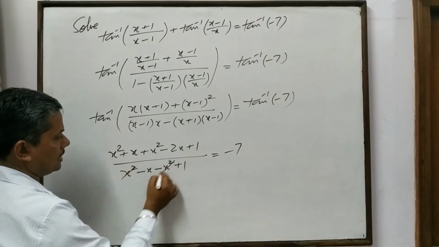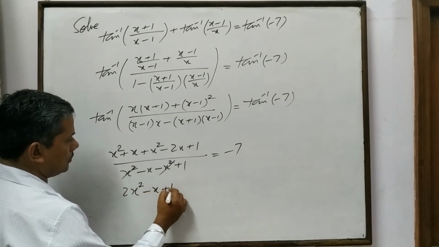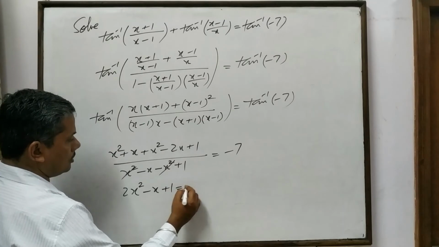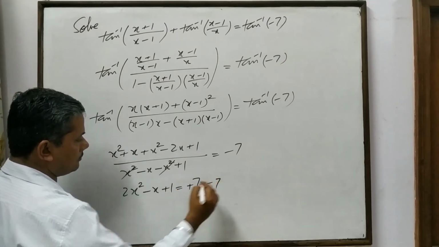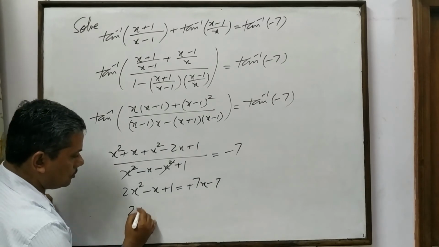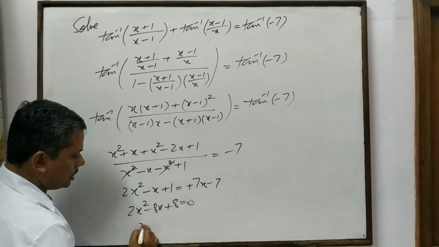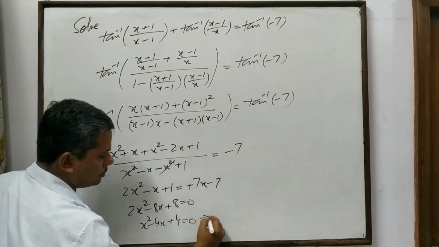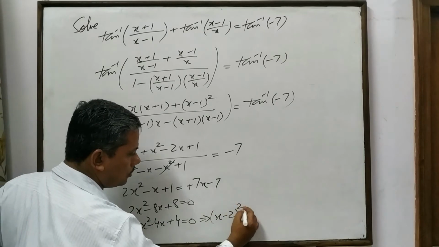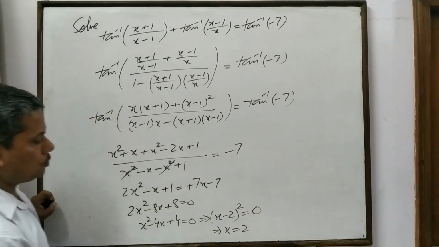This cancels. 2x square minus x plus 1 is equal to minus 7x plus 7x minus 7. Or this is 2x square minus 8x plus 8 is equal to 0. x square minus 4x plus 4 is equal to 0. x minus 2 the whole square is equal to 0. x is equal to 2.